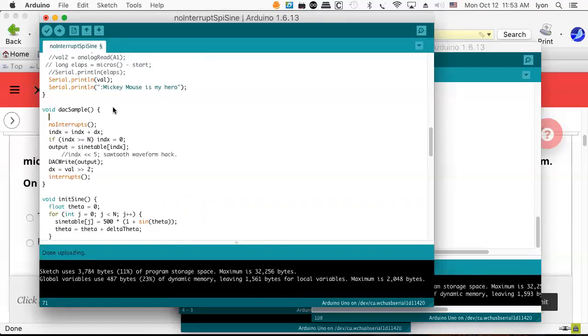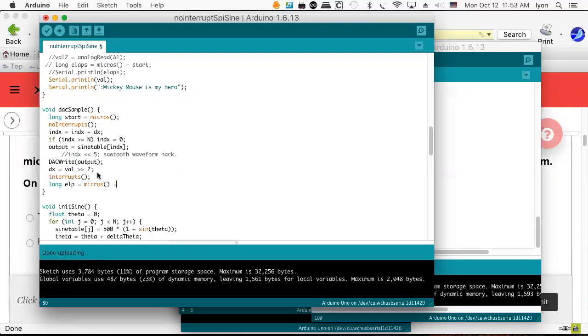So you might say, let's do micros, and we'll make a long called start equals micros. And then after the DAC write occurs, we'll turn off this interrupt thing. We'll say long elapsed time is equal to micros minus the start.